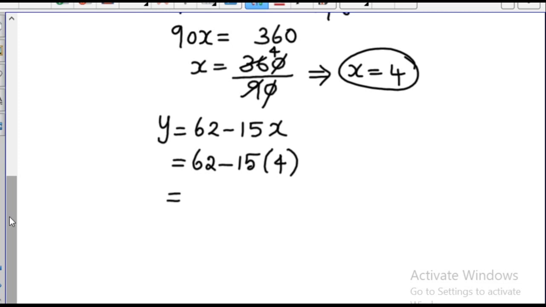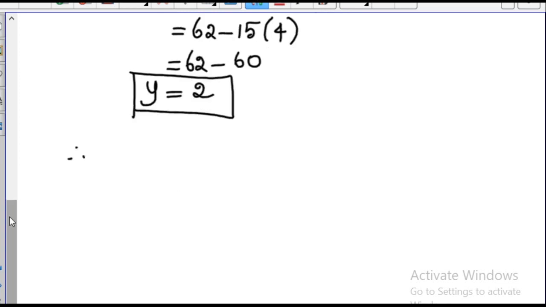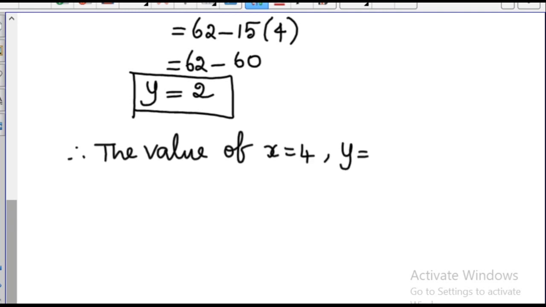So what do you get? 62 minus 4 into 15, you will get 60. Therefore 62 minus 60, you will get y is equal to 2. Therefore the value of x is equal to 4 and y is equal to 2.